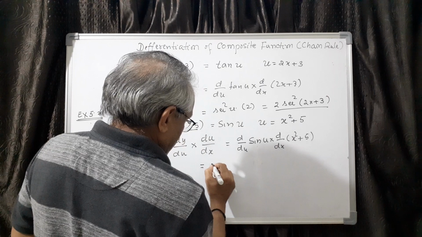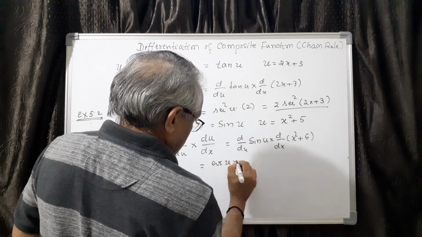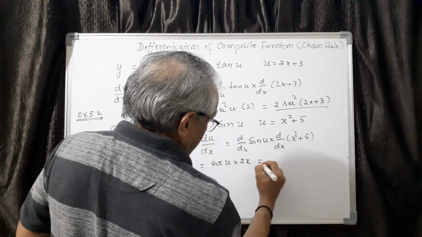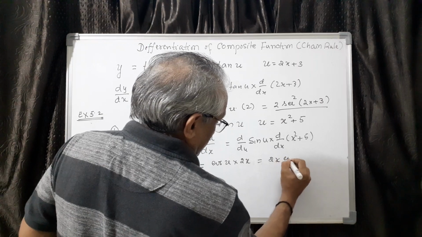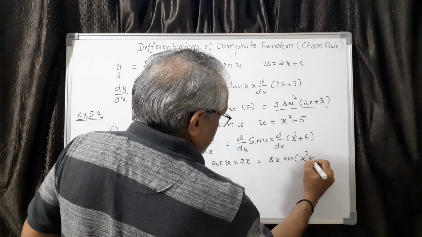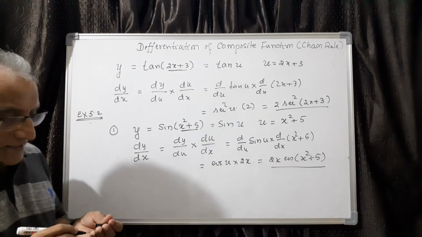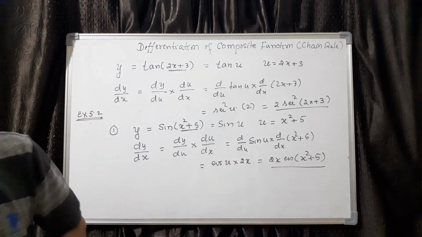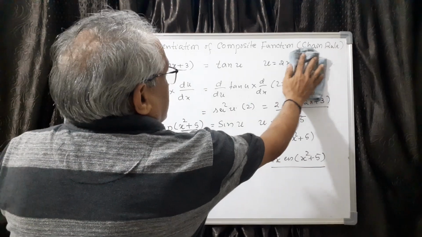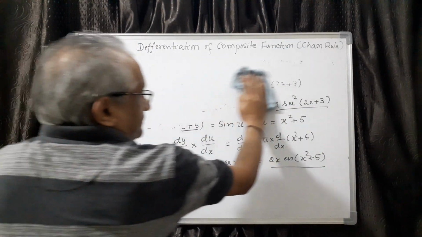So this is cos u into 2x. So this is 2x into cos of x square plus 5. So this is the answer. Let us work out a few more questions.